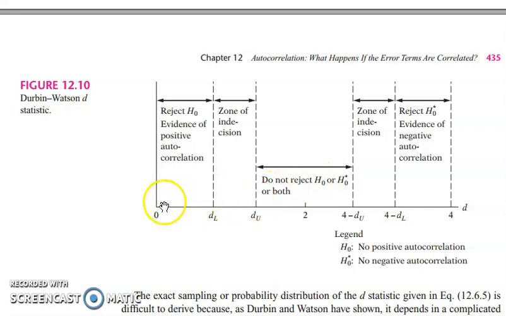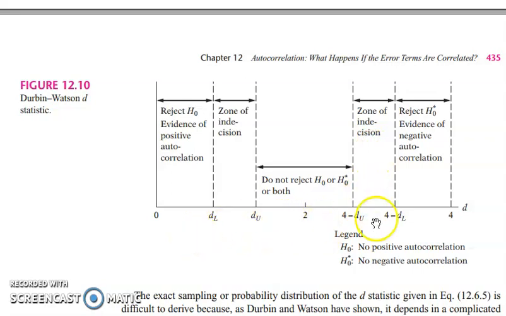If it falls in this region, there is evidence of negative autocorrelation. And if it falls between DL and DU, this is the zone of indecision. You cannot decide whether it is positive or negative autocorrelation, and here too we cannot decide.